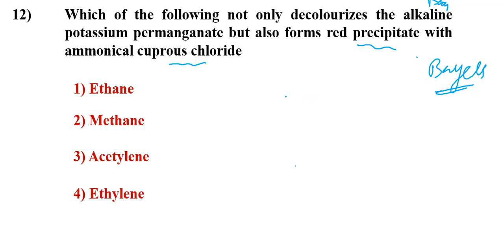See here, only terminal alkynes give this test. Terminal alkyne, this is ethane, no; methane, no; acetylene and ethylene. Ethylene also does not give the test, only acetylene will give the test.